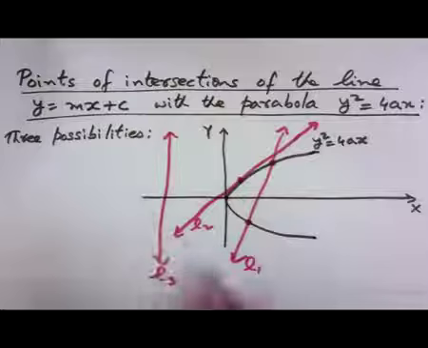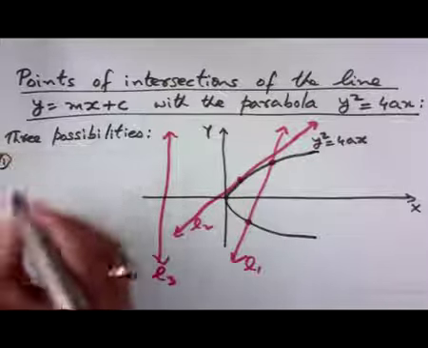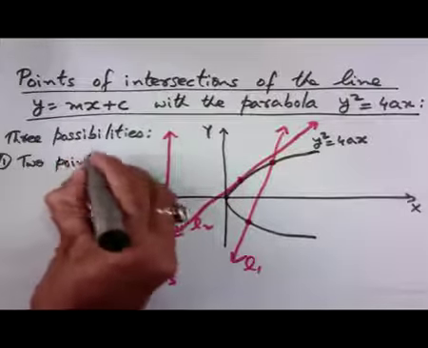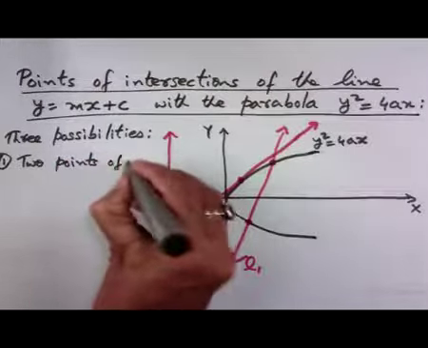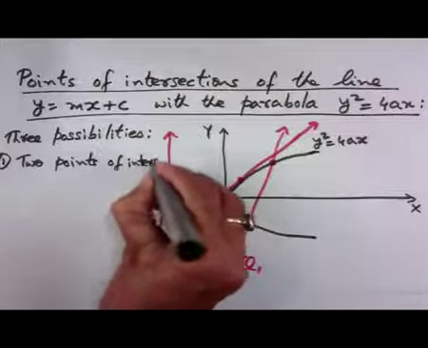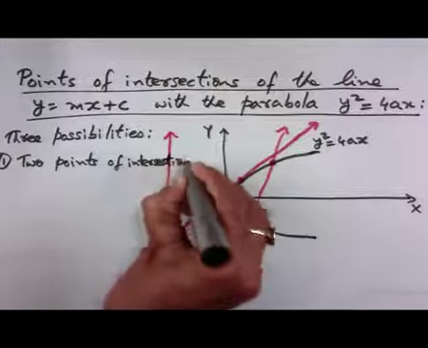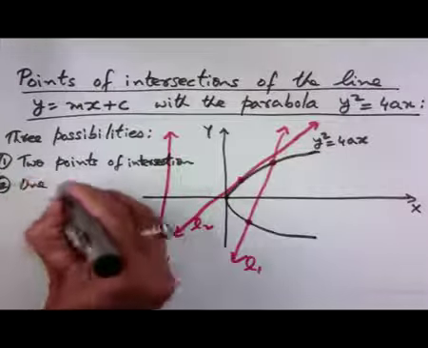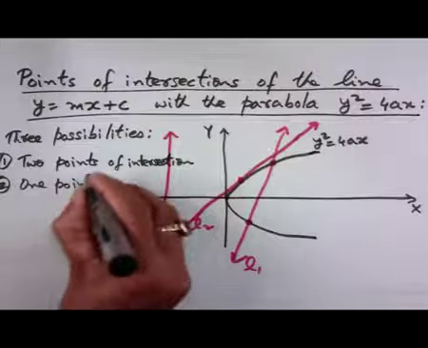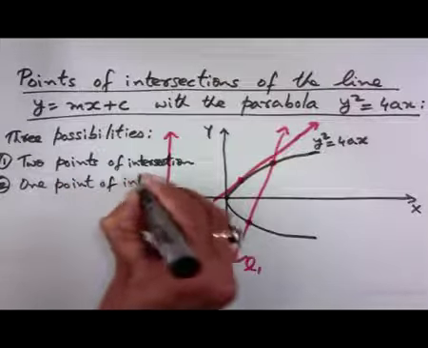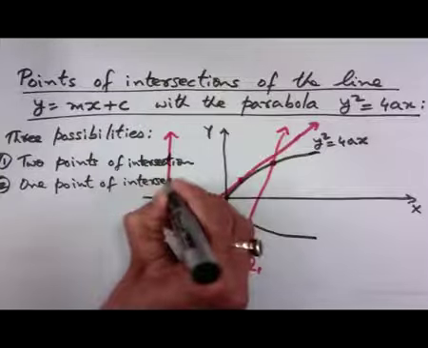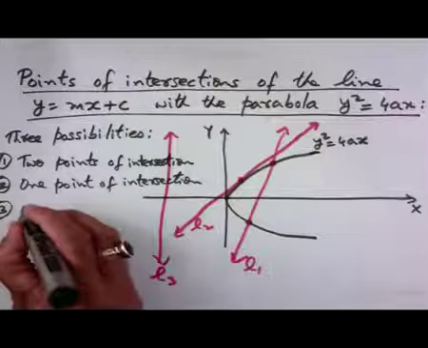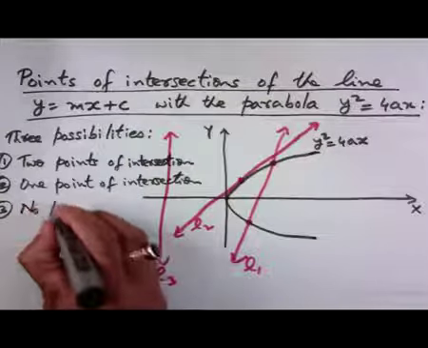Which we can see from the graph are first 2 points of intersection, second is only 1 point of intersection, and third is no points of intersection.